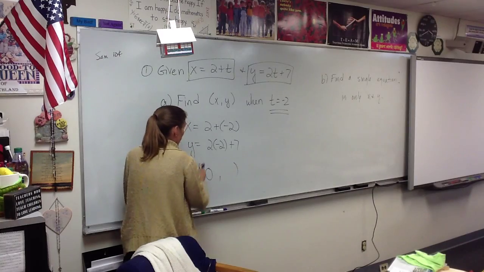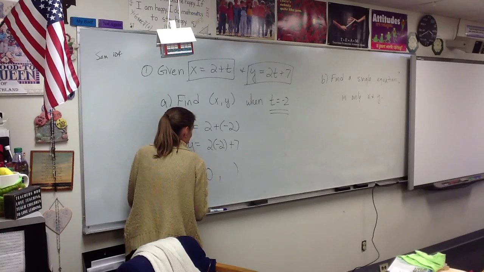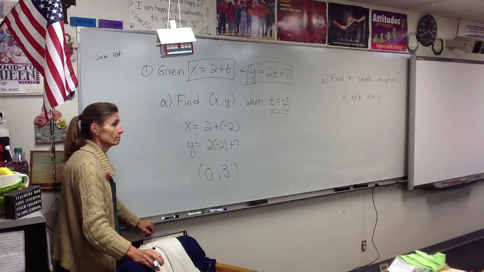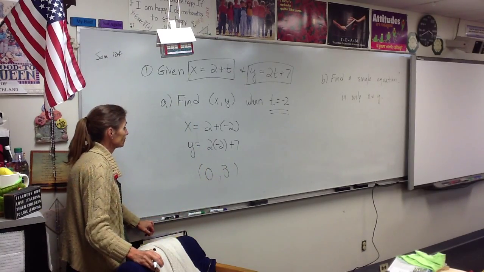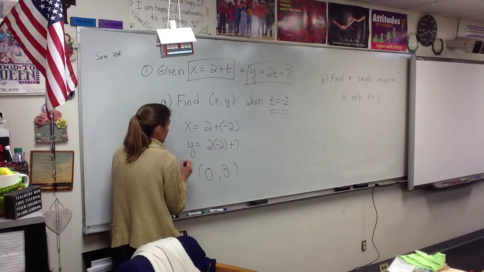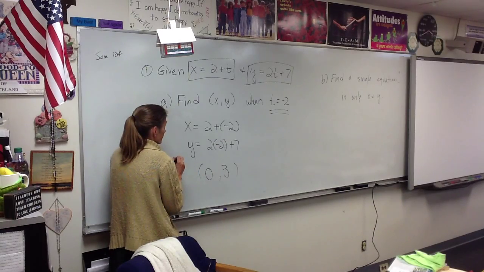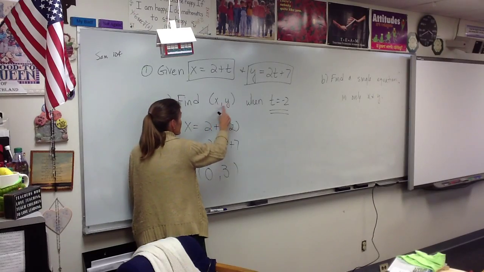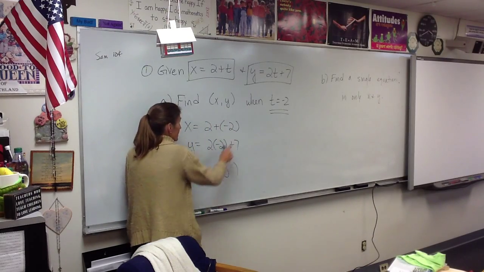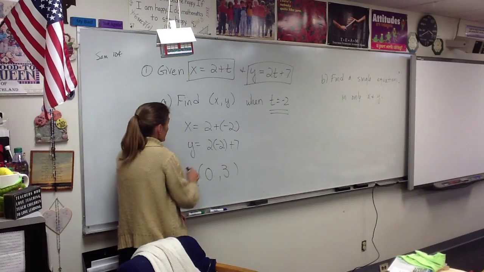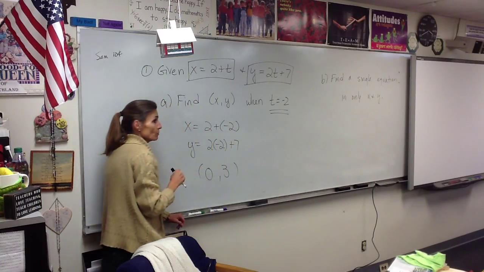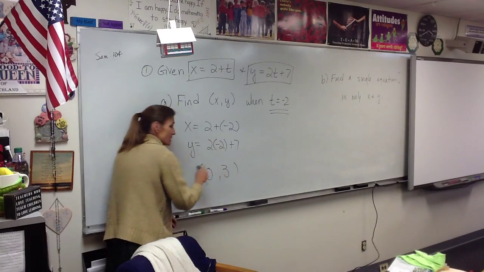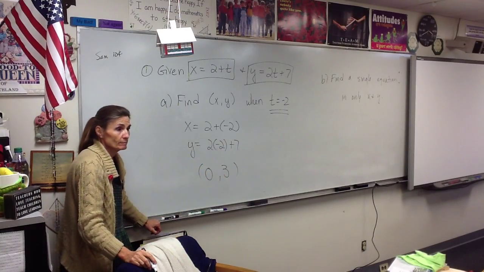And what do I get for y? 3. There you go. No, this says find the values of x and y if you let t be -2. Oh, okay. I'm just letting t be -2. So x equals 0 and y equals 3.